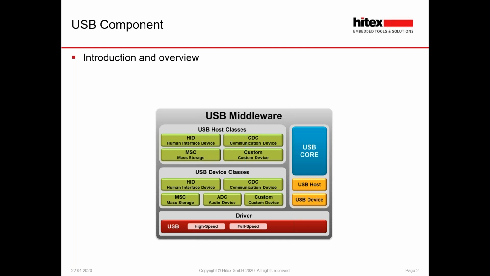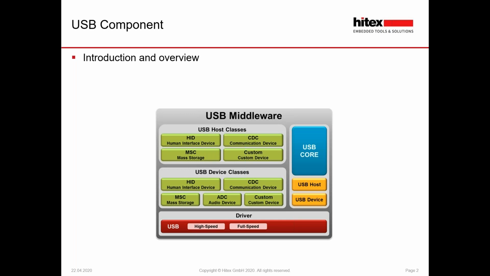The USB component is in two parts. It has support for USB device, and also USB host, although the USB host is only available in the Pro version of the toolchain. So we're going to start off by looking at the USB device, and then we'll finish off with host at the end.